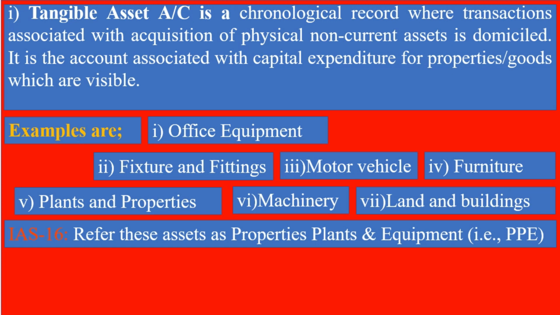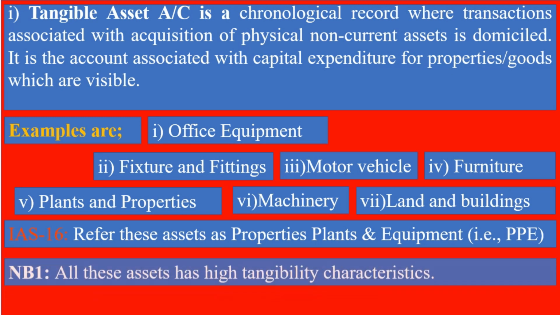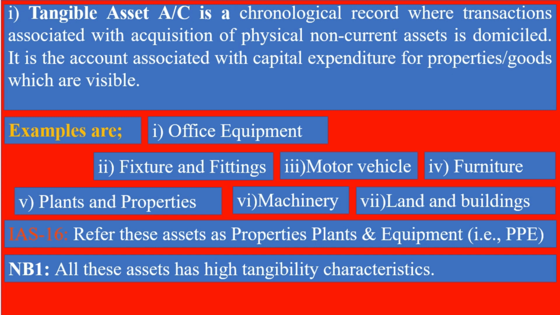Notice that according to International Accounting Standard number 16, that is IAS 16, these non-current assets are referred to as properties, plants, and equipment, that is PPE. I also want to note that all these assets have high tangibility characteristics.